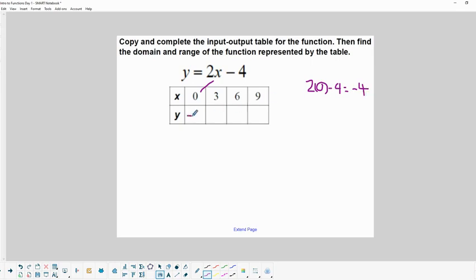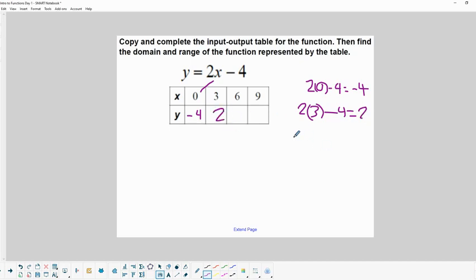So my output is going to be -4. If I put in 3, 2 times 3 minus 4, so that's going to be 6 minus 4, which is 2.